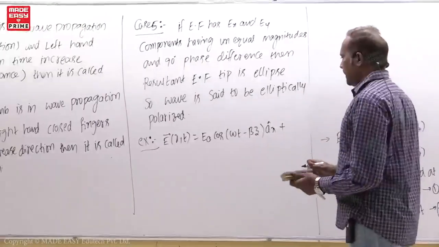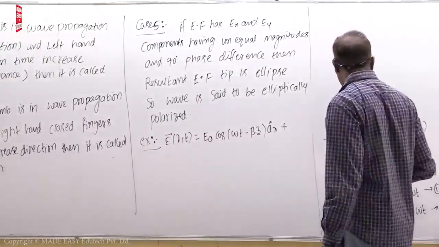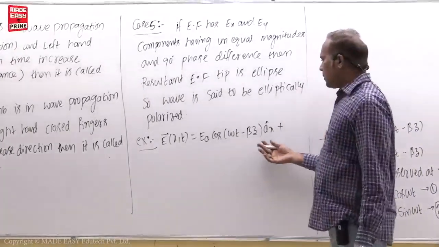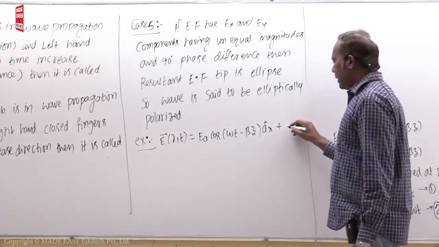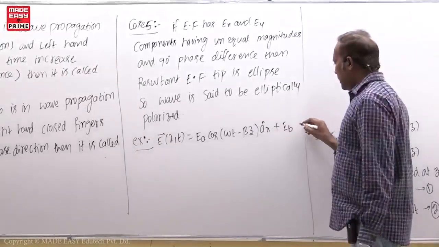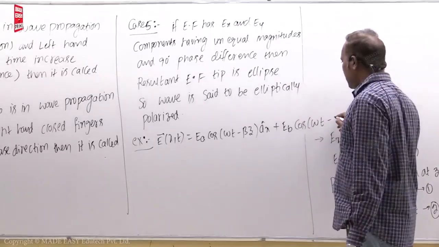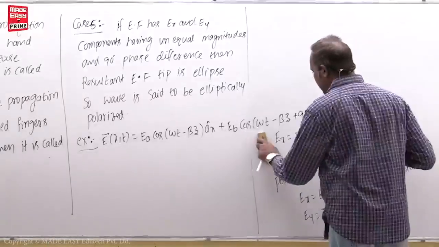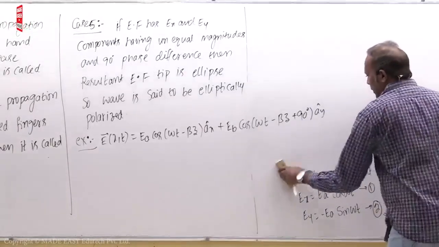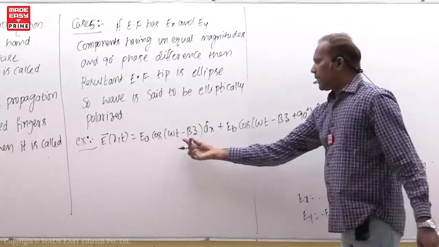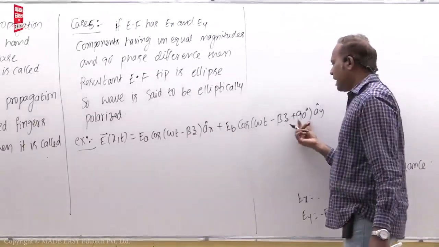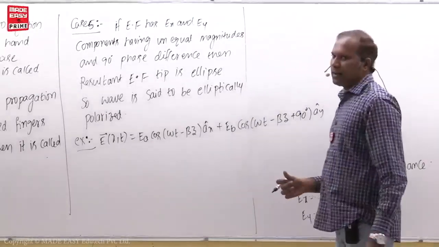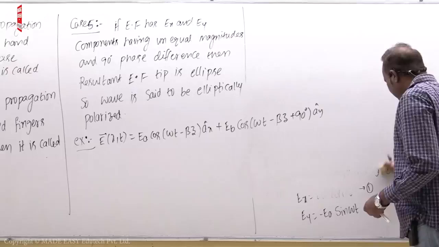Anyway, no problem. EA cos(omega t minus beta z) AX, then EB cos(omega t minus beta z plus 90 degrees) AY. It is given like this. Then automatically here omega t minus beta z plus 90 is there, so it leads by 90 degrees. EA and EB both have different magnitudes, right?